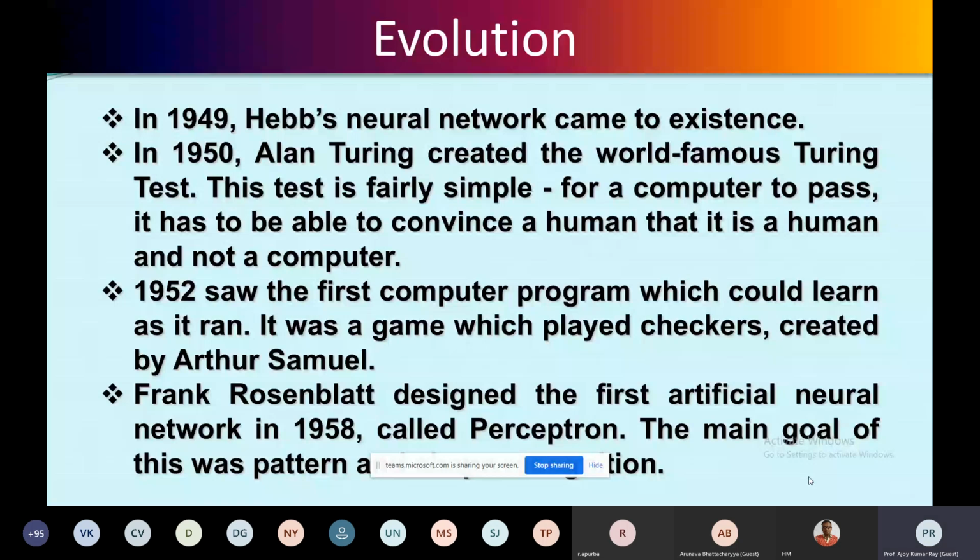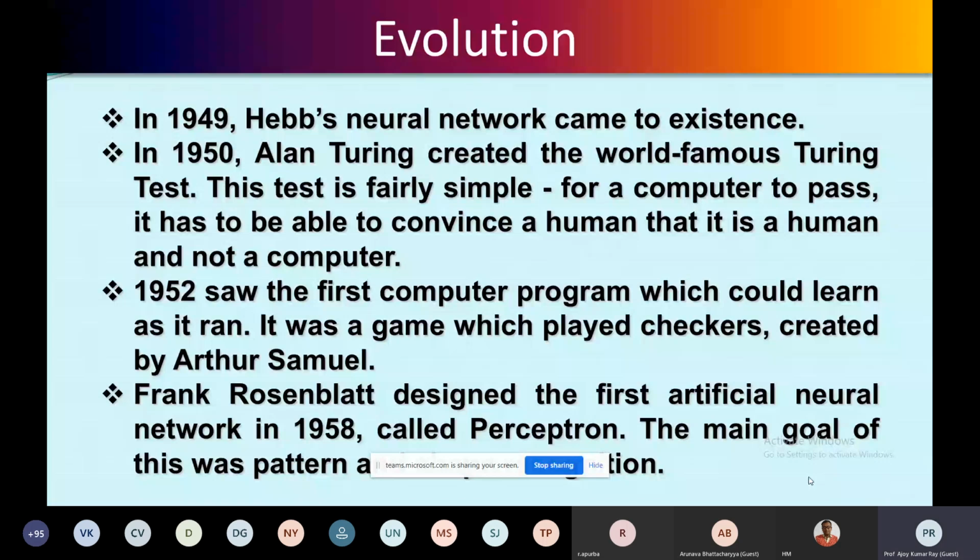Those of you who are in the computers area know about Chomsky's formal language theory, based on which computer programs in high-level languages were developed. Then the computer compilers came up, etc. But these were all initial things.